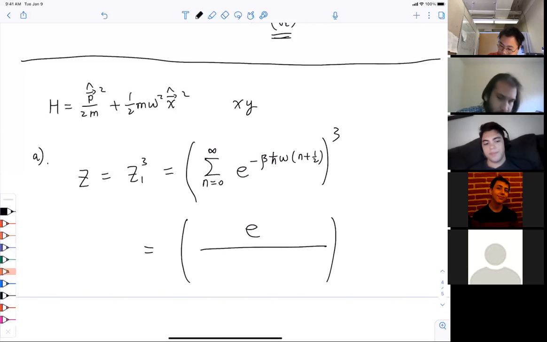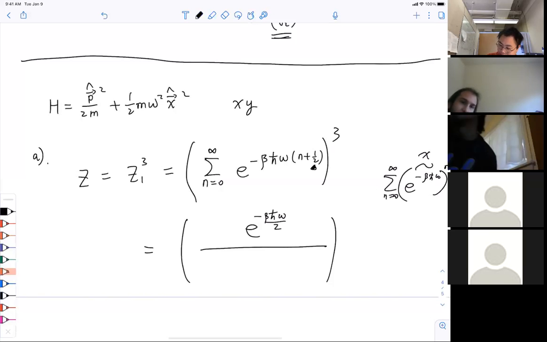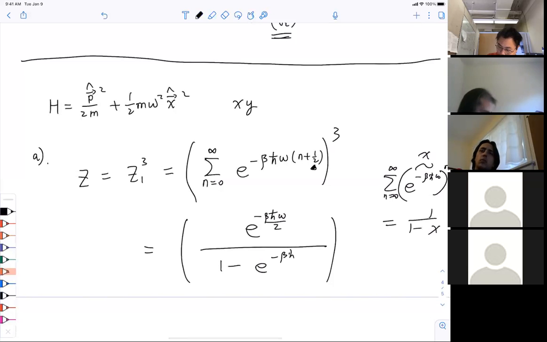There's a constant due to this zero motion, zero energy, yeah. Okay, which is this guy. And there is also a sum from 0 to infinity. You think of this guy as x, so it's 1 divided by 1 minus x. That's the answer.